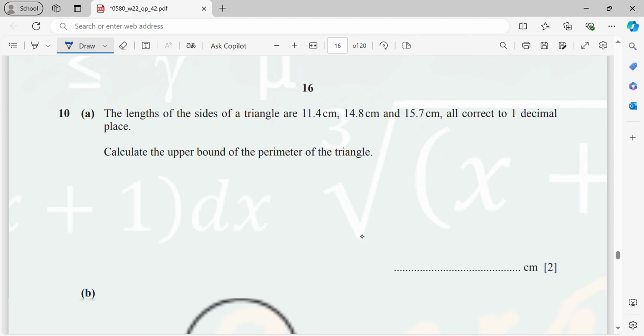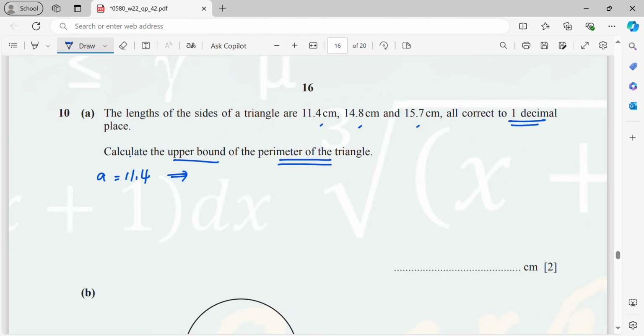Okay, now for question number 10, the lengths of the sides of the triangle are 11.4, 14.8, and 15.7 correct to one decimal place. Calculate the upper bound of the perimeter of the triangle. So let's say, now here A equals 11.4.